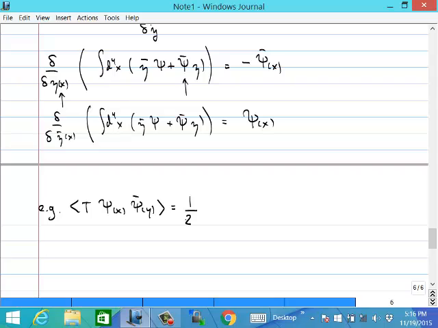This is 1 over Z times a variational derivative with respect to eta bar to pull down that factor of psi, and a variational derivative with respect to eta to pull down that psi bar at y of this generating function, all evaluated at eta and eta bar equals 0.